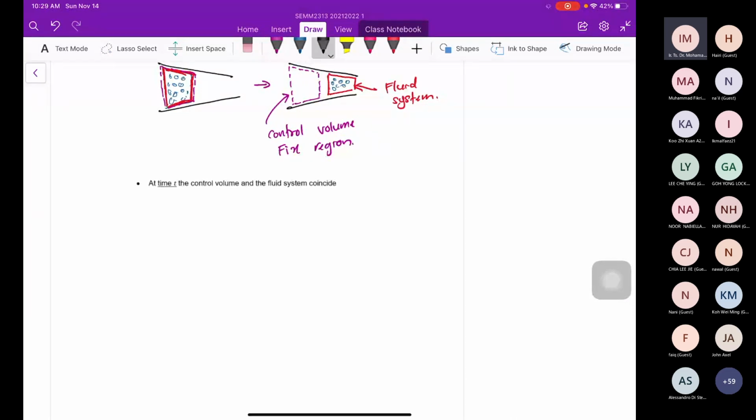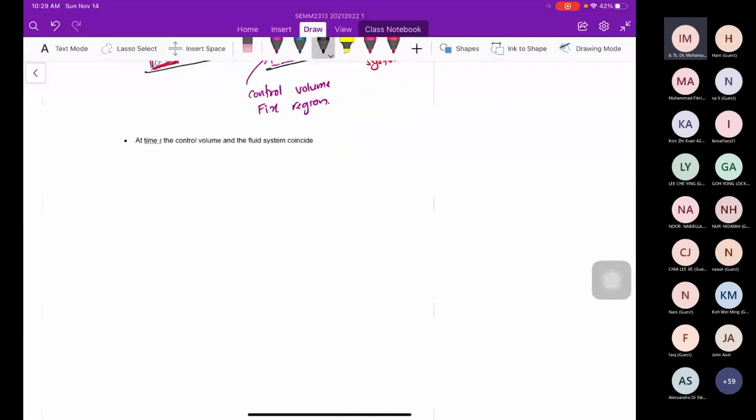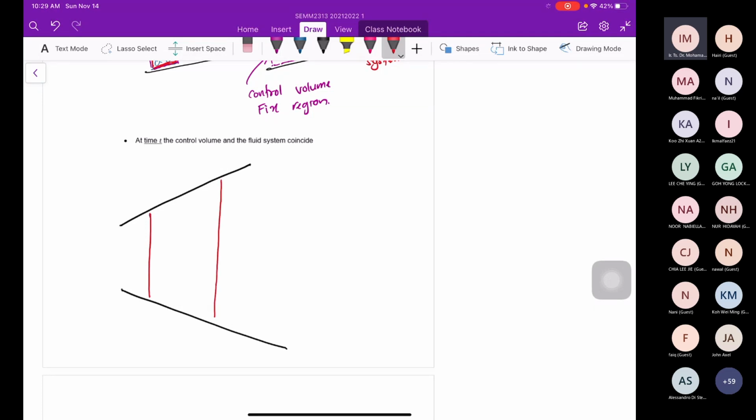Let's say we have the diffuser. At time t, the red color represents the system, the fluid system. This is the fluid. This is at time t.